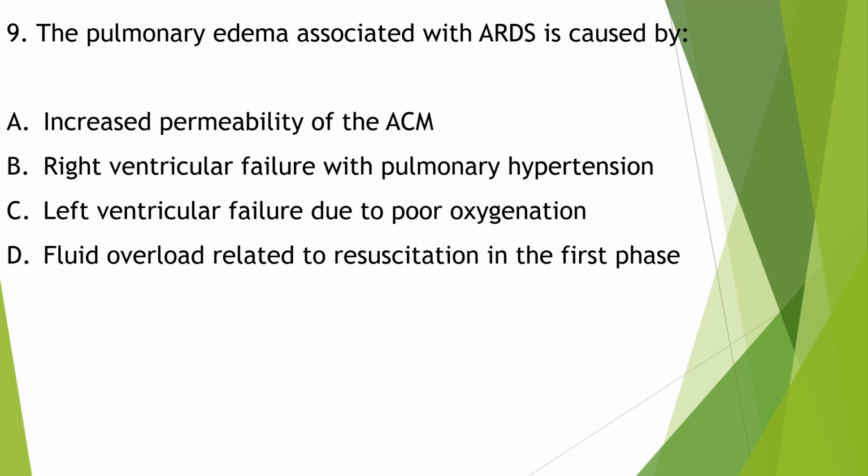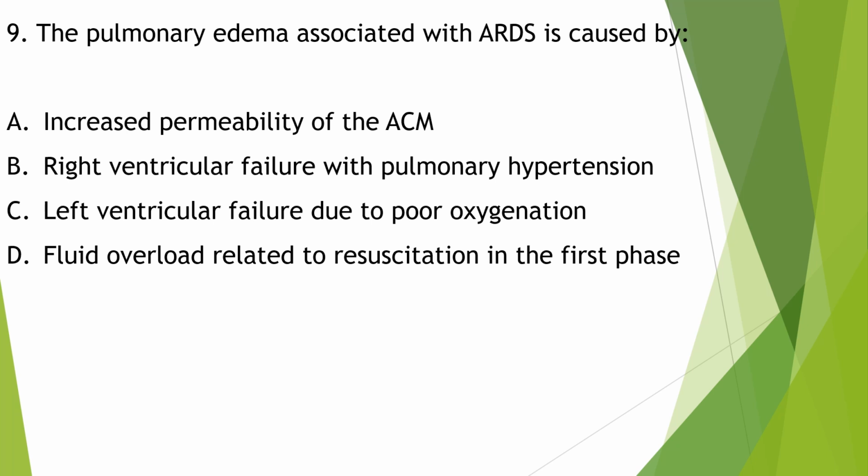So acute respiratory distress syndrome is defined by acute onset of less than 7 days, refractory hypoxemia, and bilateral infiltrates ruling out cardiac pulmonary edema.